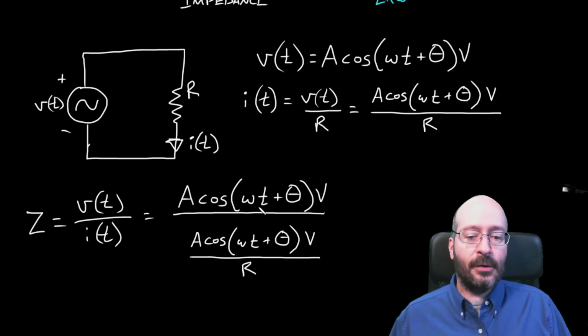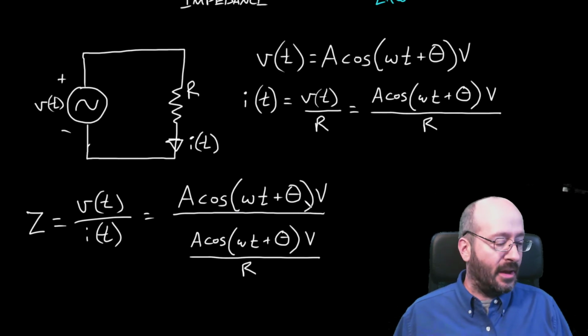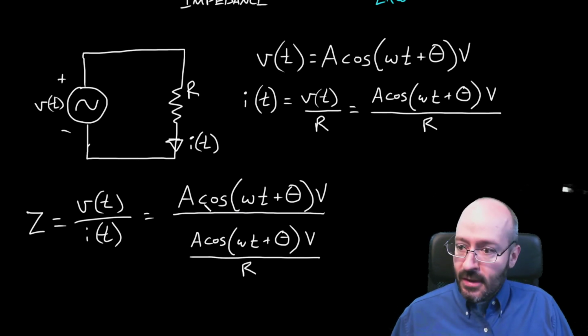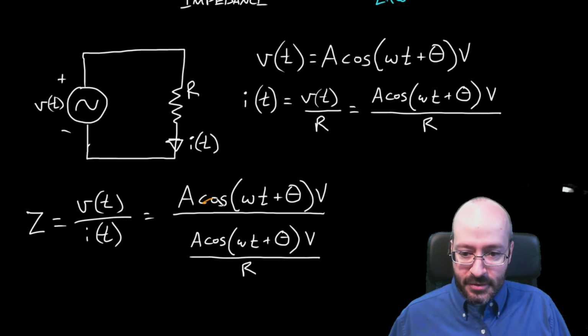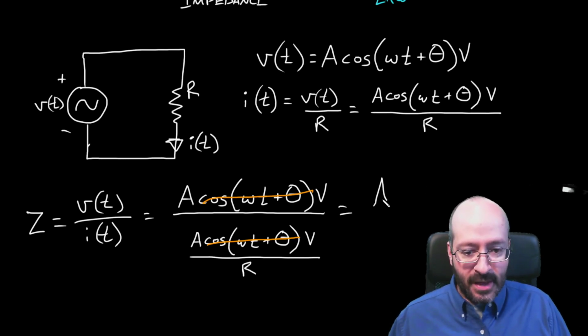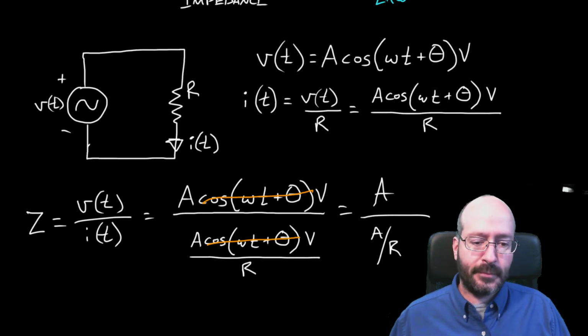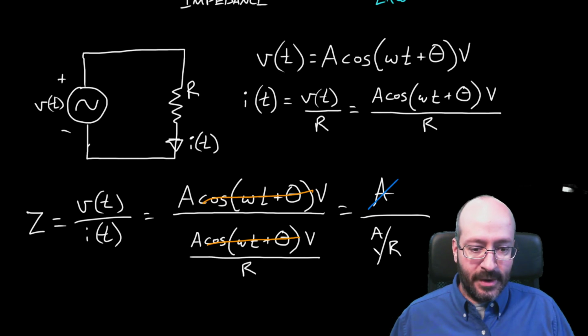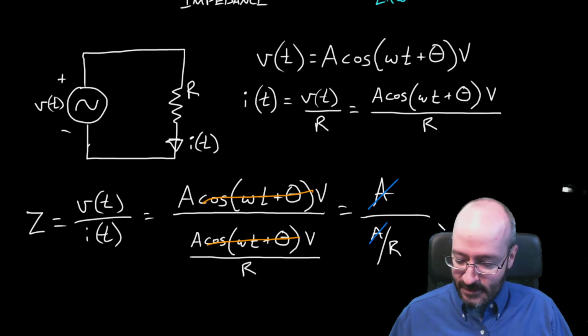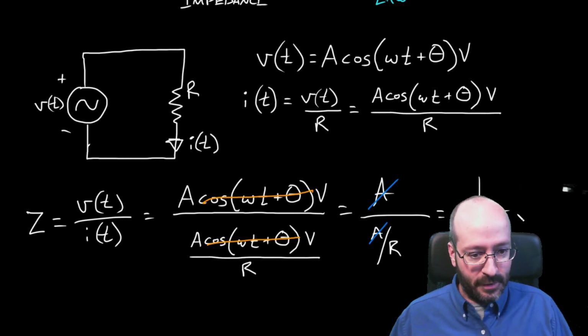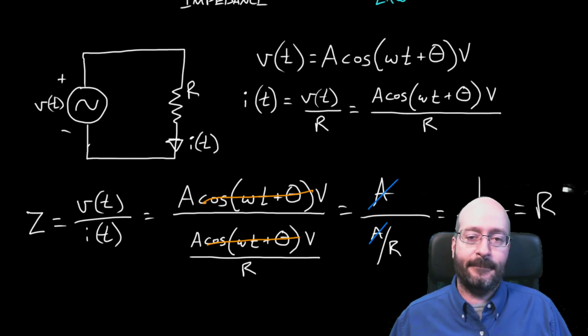We can see that we have cosine omega t plus theta in both of these. So that's going to drop out. One's in the numerator and one's in the denominator, and we're left with A over A over R. The A in the numerator and A in the denominator cancel, and that's going to leave us with 1 over 1 over R, which is, of course, equal to R.